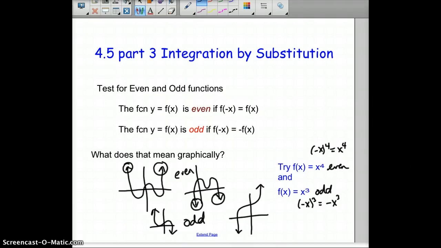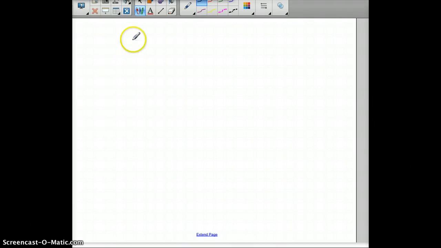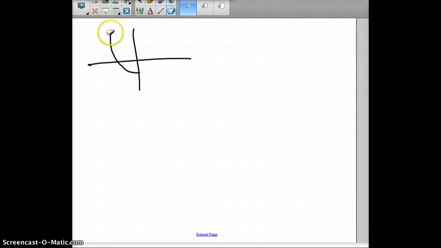Thinking about what it means graphically in terms of area, let's say we've got an even function. Let's do this even function here.